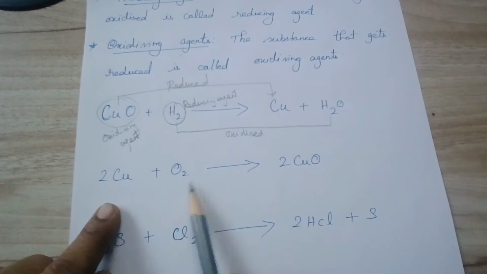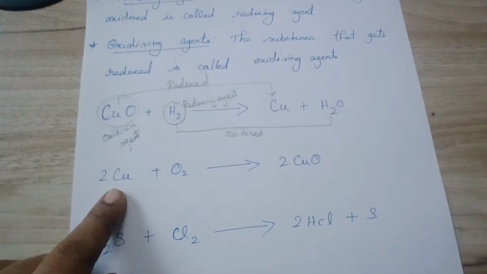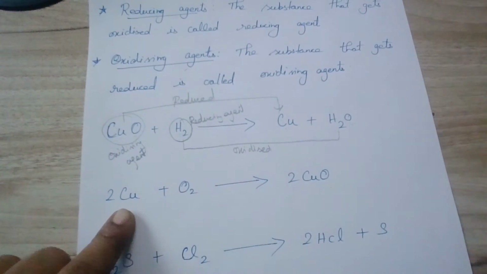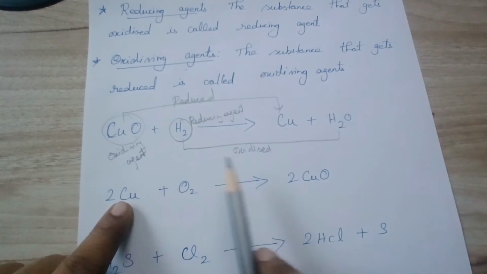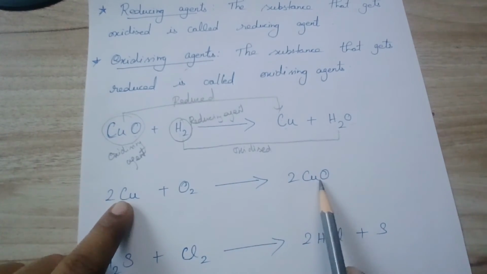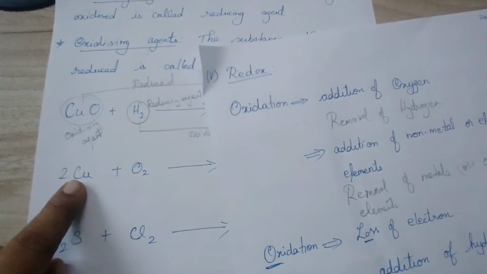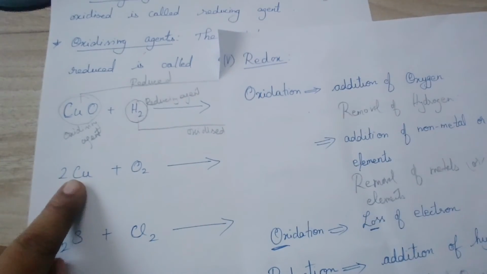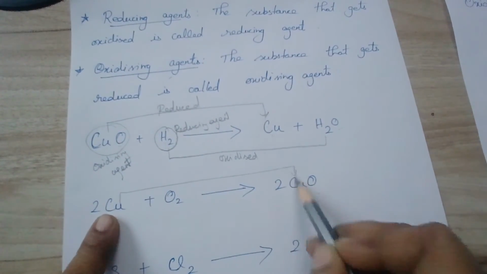Copper plus oxygen gives copper oxide. We can call this a combination reaction also. Which one is oxidized and which one is reduced? This copper becomes copper oxide. It gains oxygen, that means addition of oxygen, which is oxidation. So the copper is oxidized.